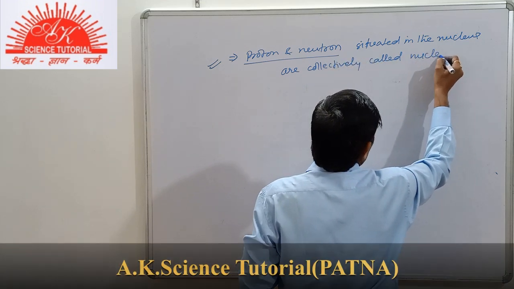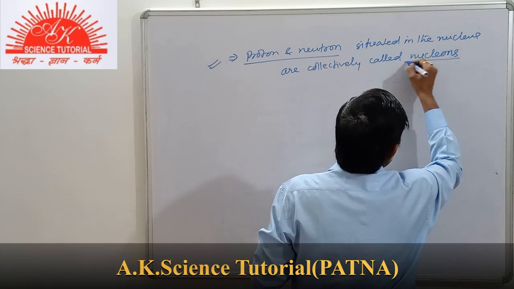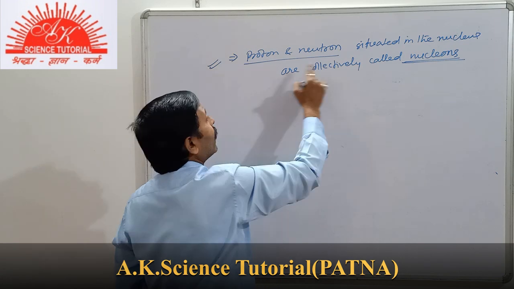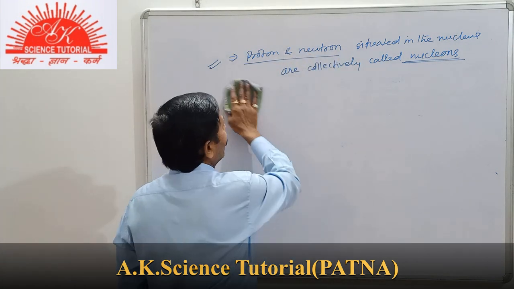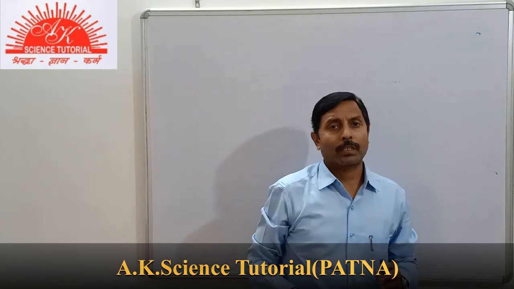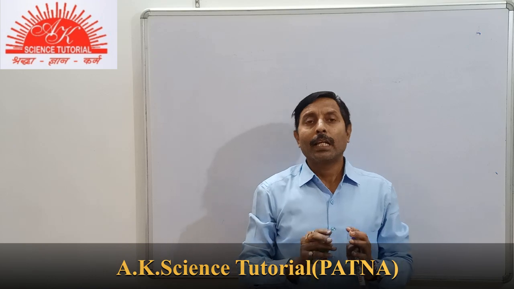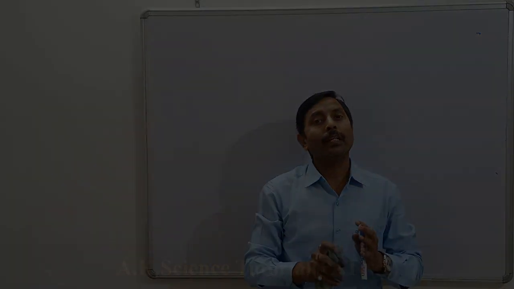This is a question asked: what are neutrons and protons collectively known as? This is nucleons. So this was all about the discovery of electron, proton and neutron. Now I think students, you have understood clearly the structure of an atom.